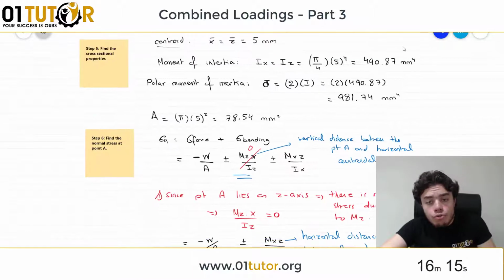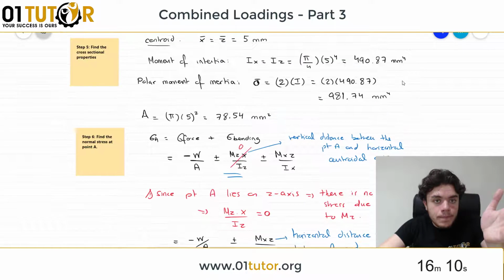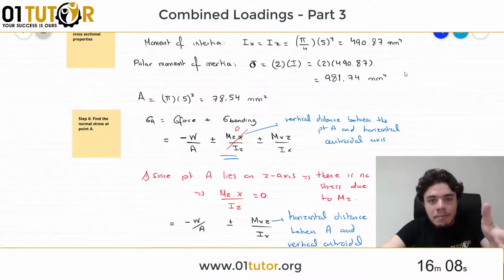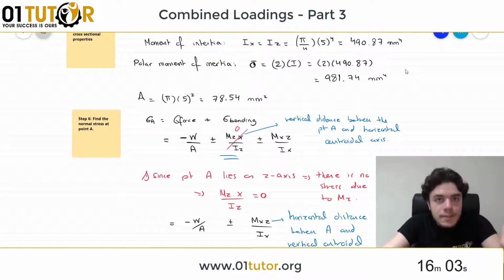Perfect. Now all I need to do is decide whether the Mx z over Ix is plus or minus. I know there is a lot of stuff in here, but we're going to solve a lot of examples, so this becomes very easy for you.